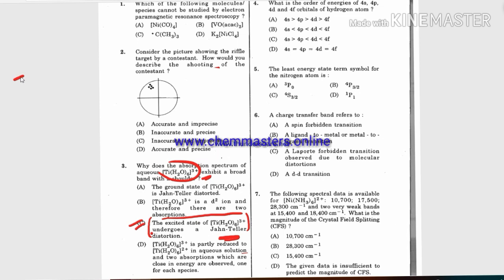Now just try to look at the given titanium aqueous complex, where titanium is in the +3 oxidation state because water is a neutral ligand. In that case titanium has only 1 electron in its d orbital, and in the presence of water ligands the degenerate d orbitals split into t2g and eg. So 1 electron is present in its ground state t2g.